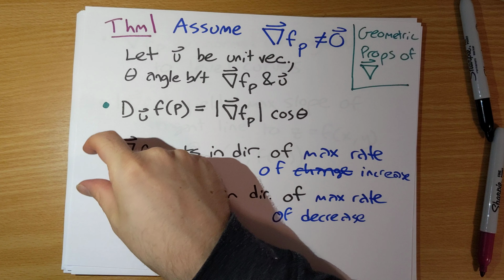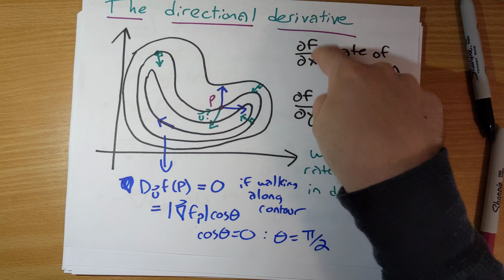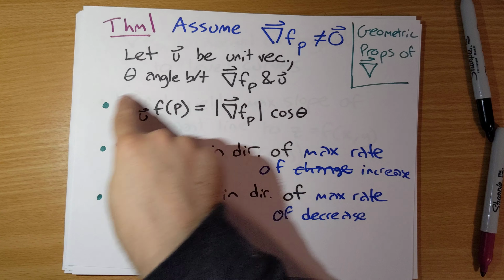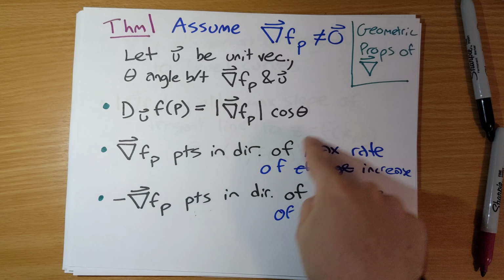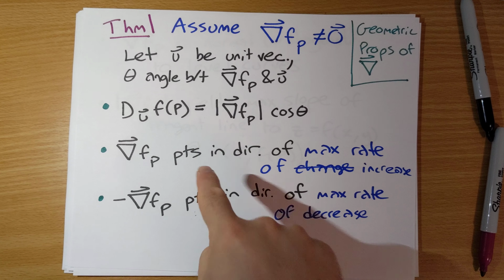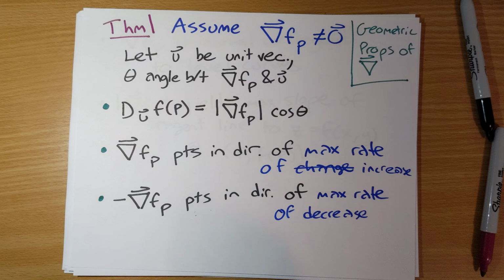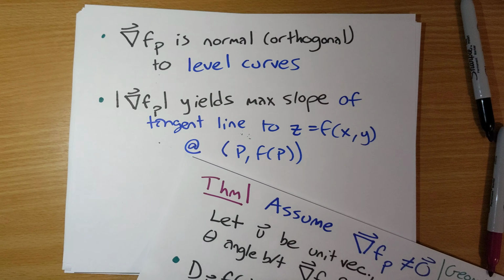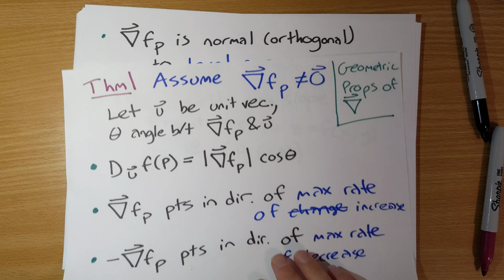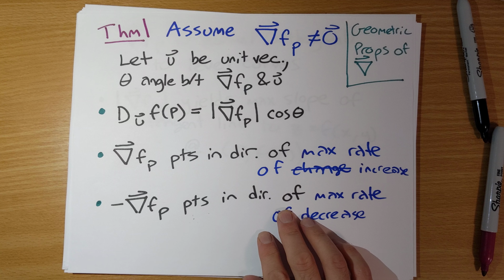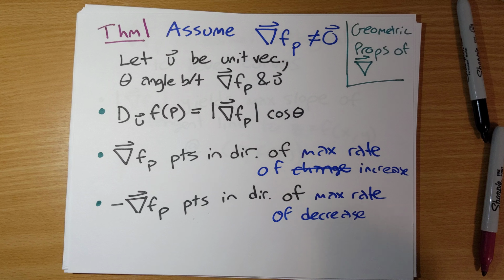We managed to go from two rates of change, the partial derivative with respect to x and the partial derivative with respect to y, to every possible rate of change, no matter what direction you're heading, in terms of the directional derivative. And the gradient tells you how to go up the hill the quickest. It tells you how to go down the hill the quickest. And the gradient is going to be orthogonal to your level curves. All of this is very, very important geometric properties of the gradient.